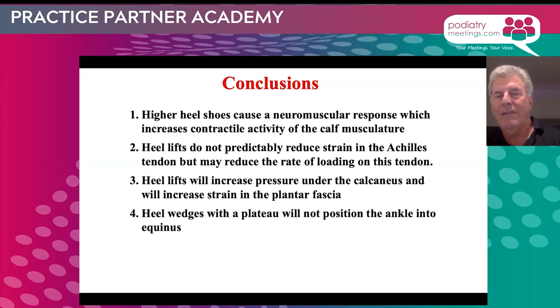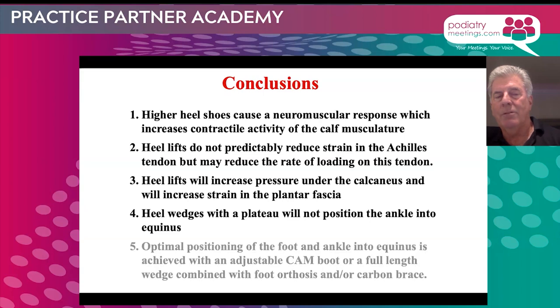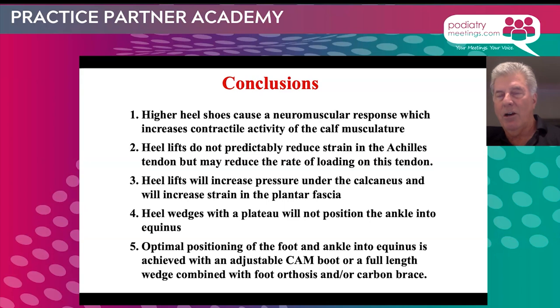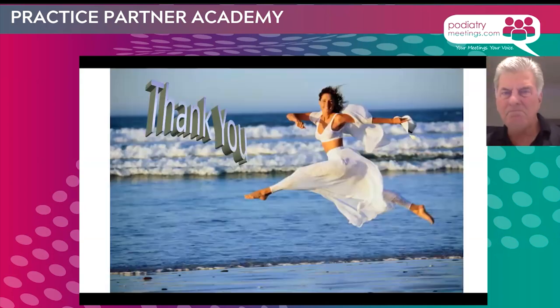Heel wedges with a plateau will not position the ankle into equinus. If offloading the Achilles is your goal, that type of wedge would not be desirable. Optimal position of the foot and ankle into equinus is achieved with an adjustable cam boot or a full-length wedge combined with foot orthosis and or a carbon fiber brace.